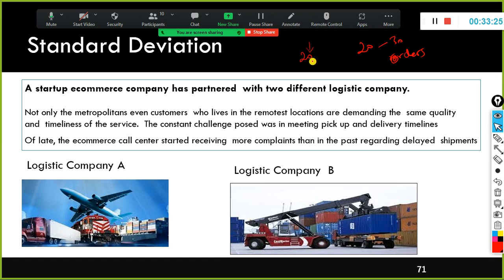With this head count you are able to manage delivering the products or orders raised by the customers, to 20 or 30 different customers.